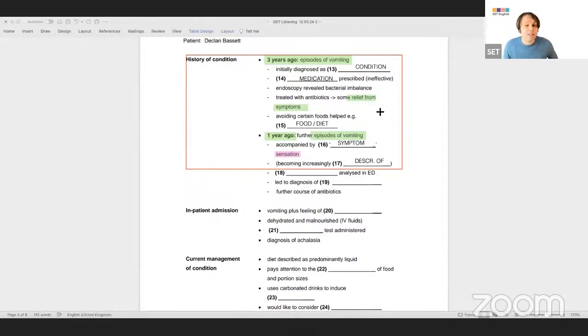Any other selector words? Ineffective medication, sir. Yeah. Again, he might say 2 medications and only one of them is ineffective. What does it mean, guys? It's not working, sir. Not effective, yeah. Thank you for a brilliant definition.